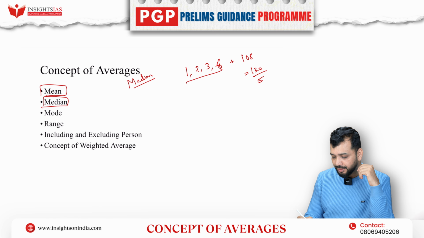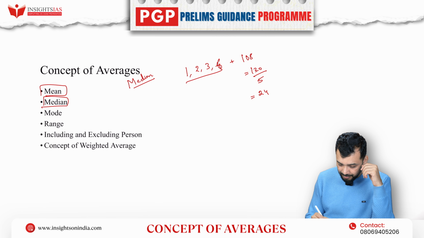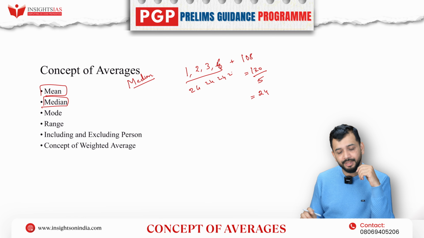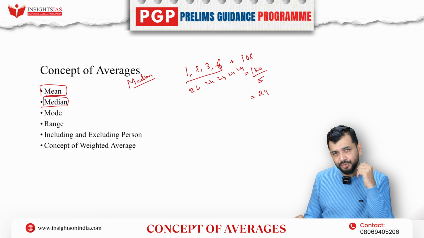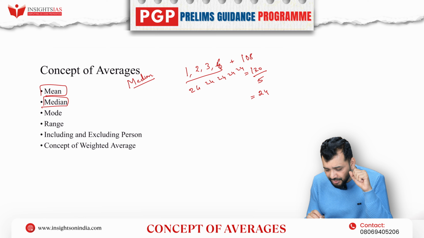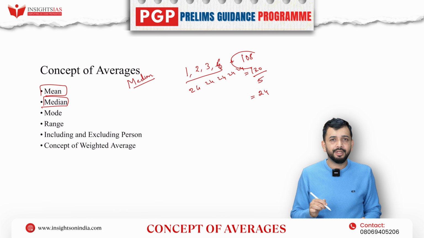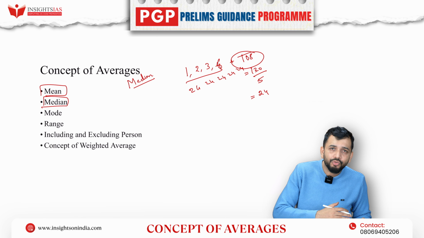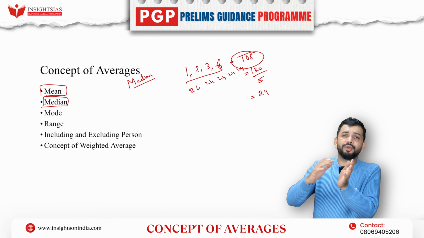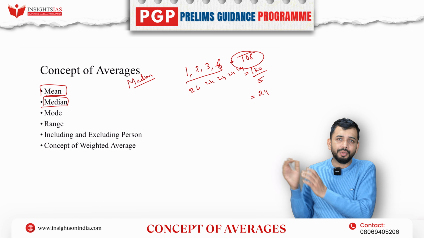So each innings he has scored 24. So now it looks like his batting average is 24. That means if I replace all the innings by 24, then also 120. But if you look at it, most of the innings he was just in single digits. Just because of that one innings, his average has increased so much that all of his innings, 1, 2, everything has now become 24, right?